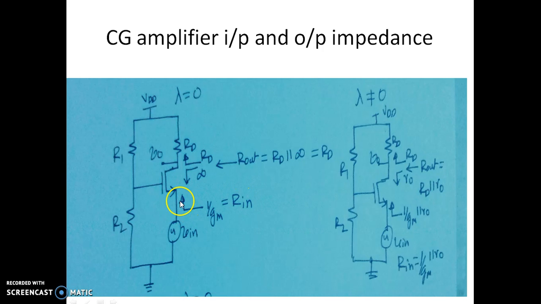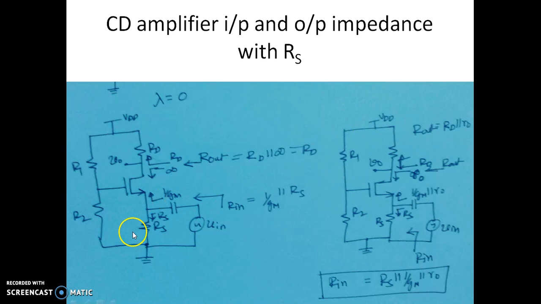Looking up here, since it is the source, it is 1 over Gm. Similarly, when lambda is non-zero, looking up towards the source is 1 over Gm parallel with R0, so this is Rin. Looking down here is R0 from the drain side, looking up here is Rd, so Rout happens to be Rd parallel with R0.